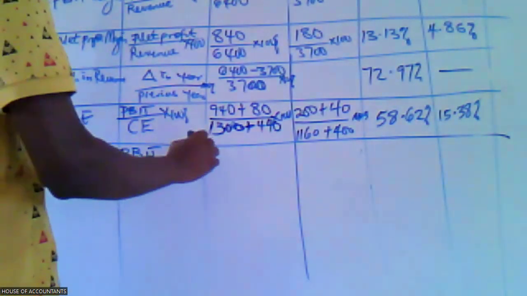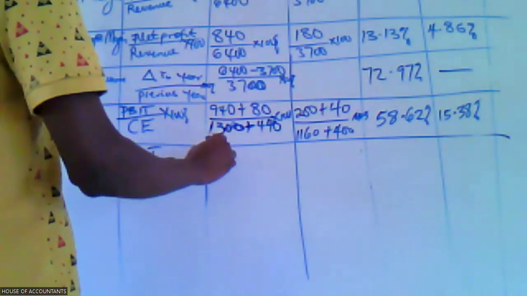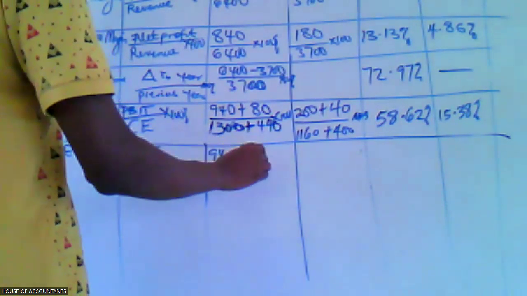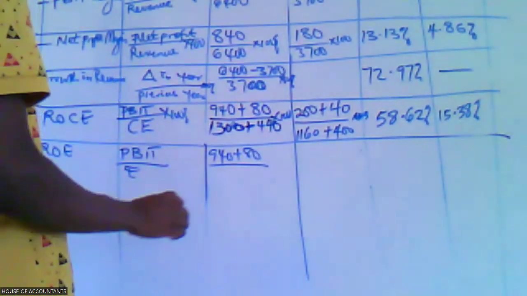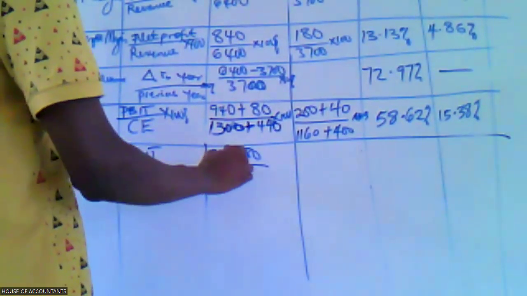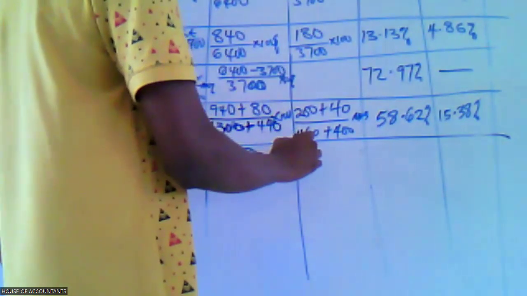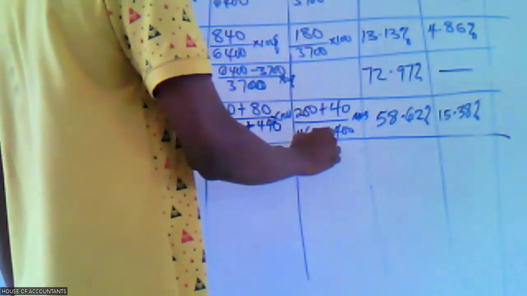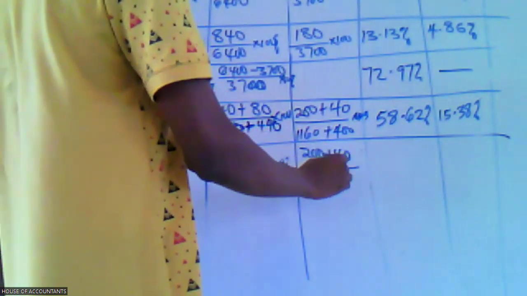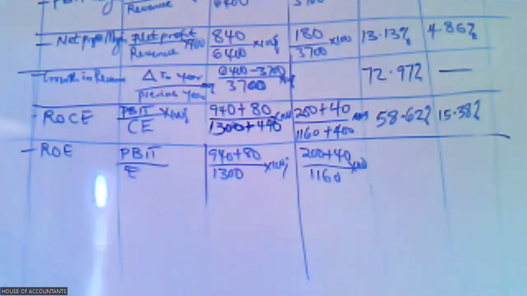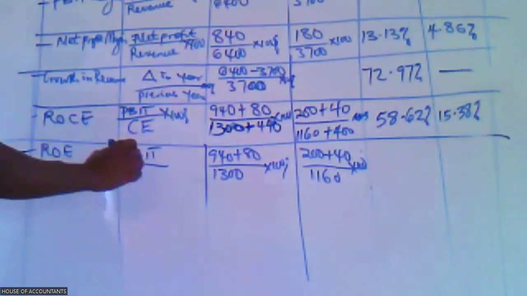So our PBIT here is 940 plus 80 over equity. Our equity here is 1,300. For the other year, this will be 200 plus 40 over 1160 times 100%. What do we get? Return on equity.